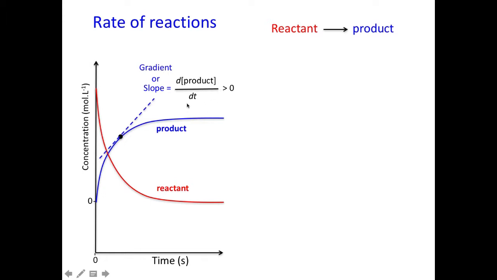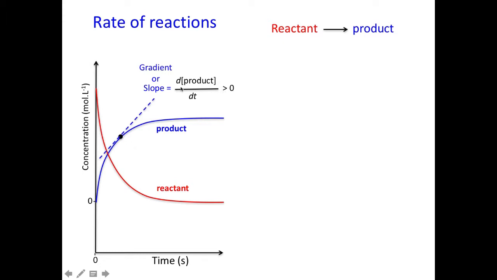We have a positive gradient or slope, as you can see here. If this angle between the dashed line and the horizontal line is 45 degrees, for instance, the tangent would be 1. So it is a positive quantity.